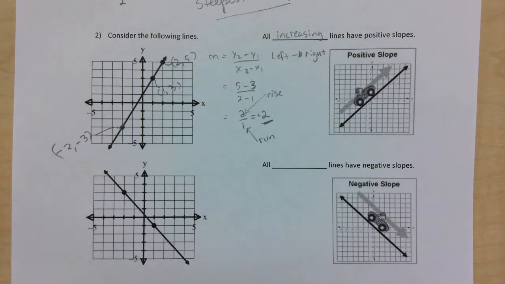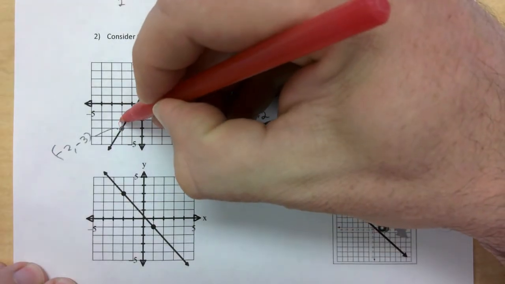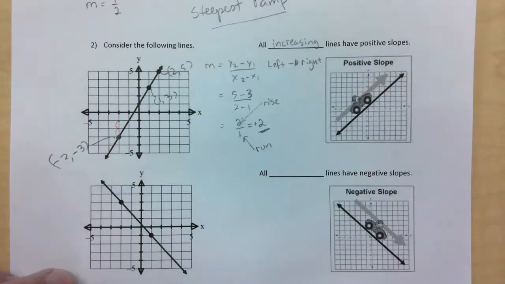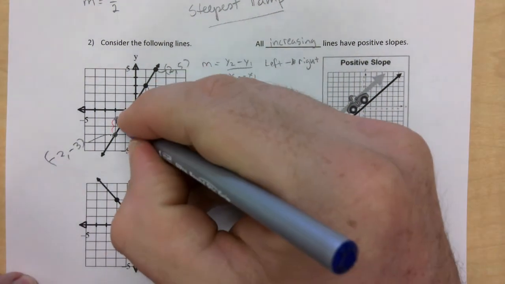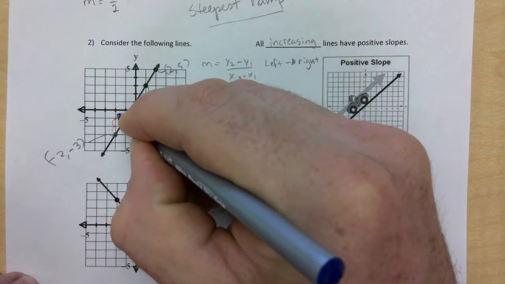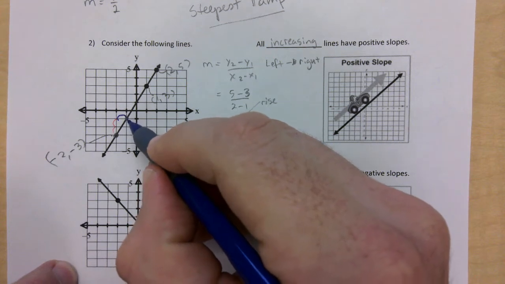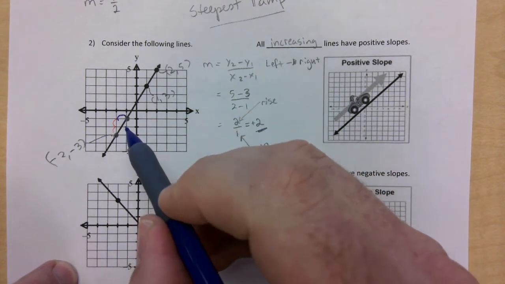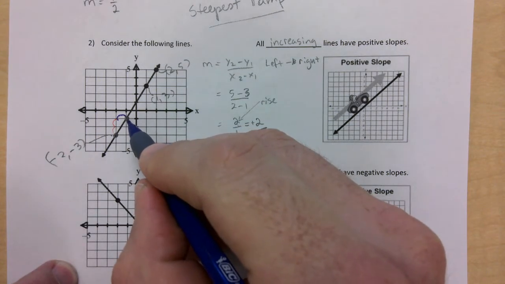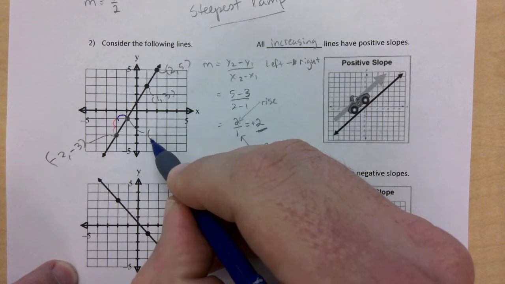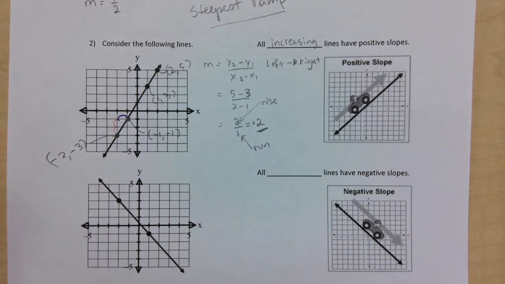If you go up, I'm going to use a different color, so 1, 2, and then run 1 unit, you get to the next point on the line. And so this particular point here is going to be -1, -1. And let's keep going.